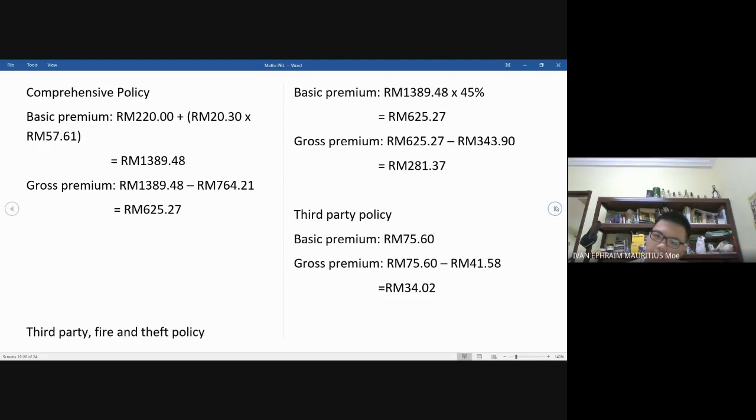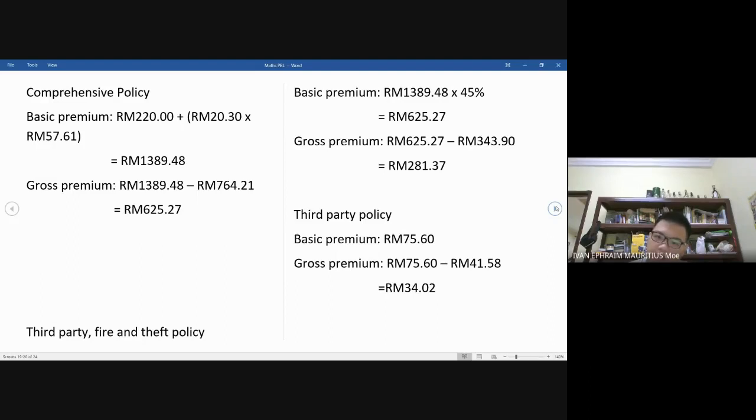Okay, so the gross premium, by subtracting 635 ringgit 37 cents with its NCD, which is 343 ringgit 90 cents, you would get 281 ringgit and 37 cents.